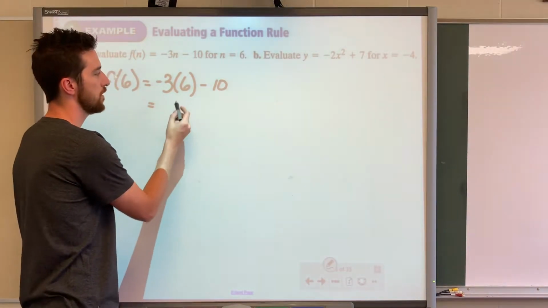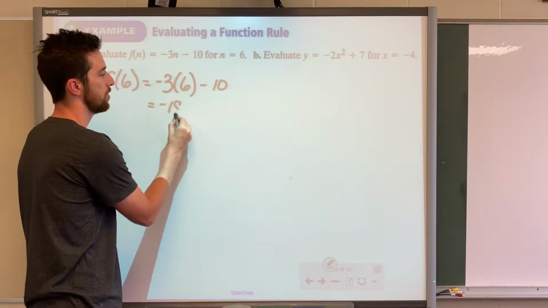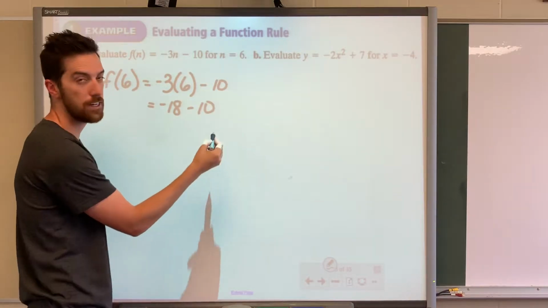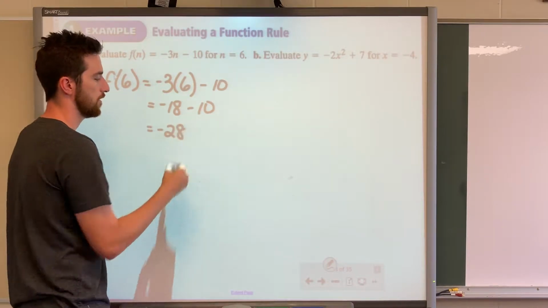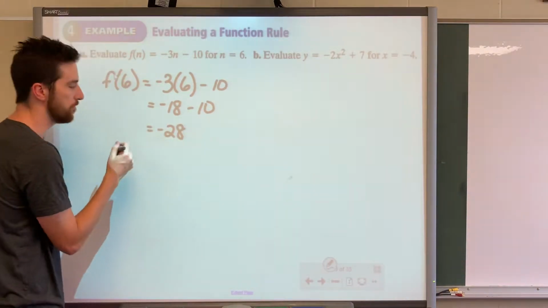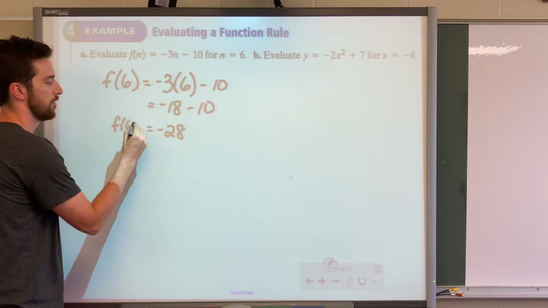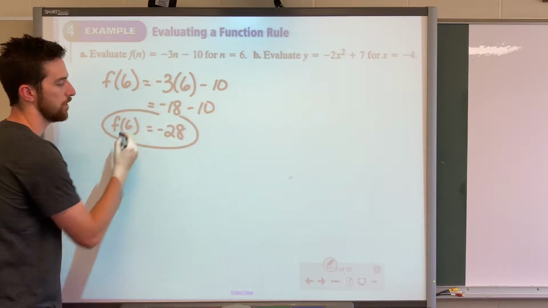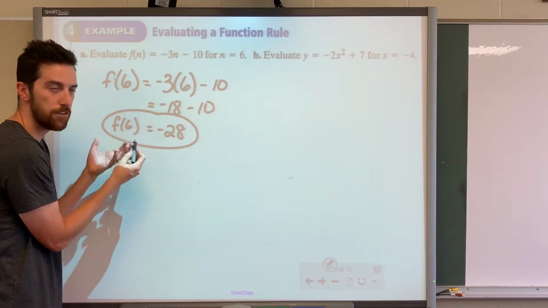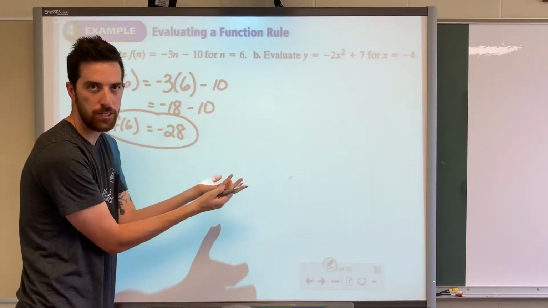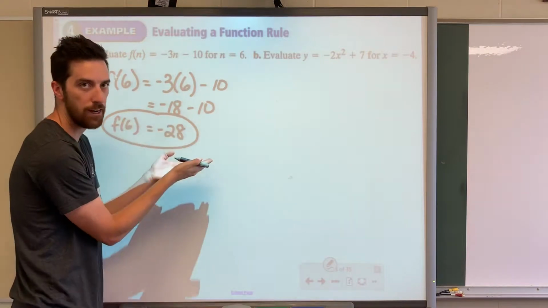So we have negative 3 times 6, which is negative 18, minus 10, and negative 18 minus 10 is negative 28. The left side, you just keep the f of 6. So again, what this is saying is, when you put in 6 into the function, you get out negative 28. We put in 6, we got out negative 28.